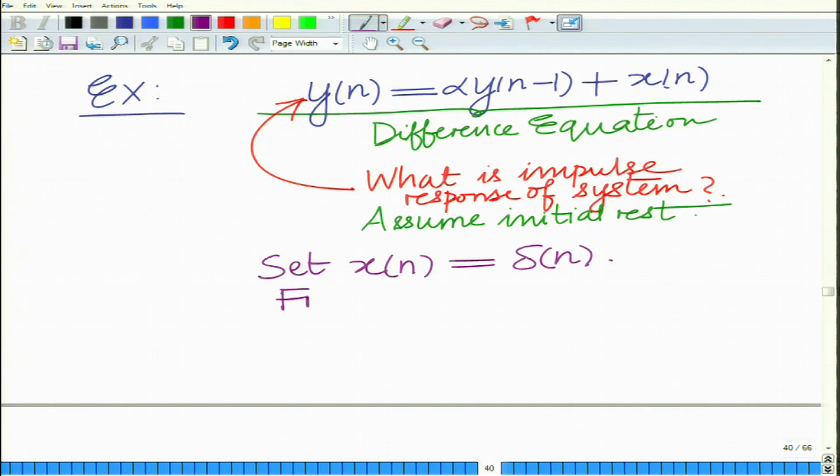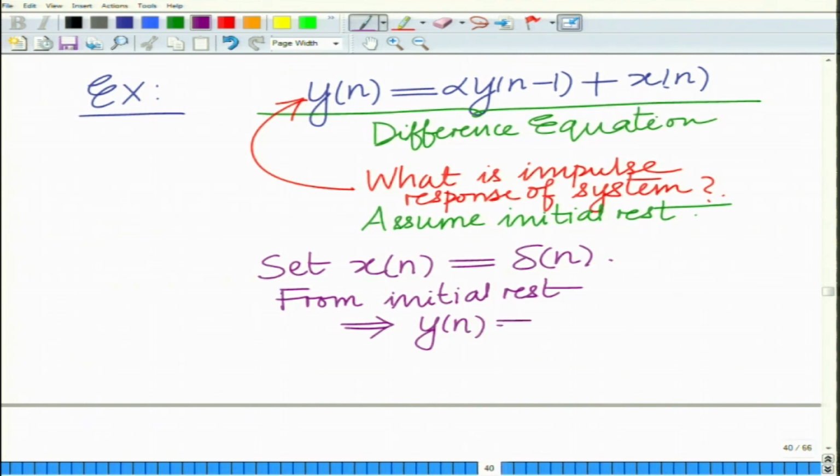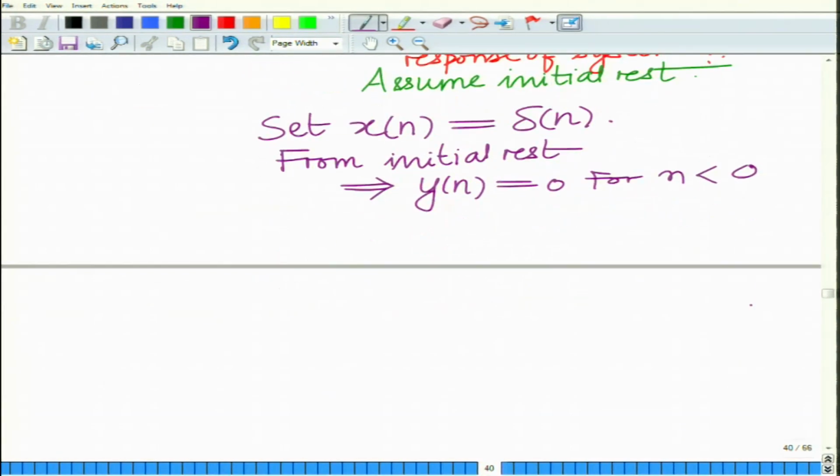From initial rest, this implies y of n equal to 0 for n less than 0, since the input is 0 for n less than 0, and therefore, now set x of n equal to delta of n, which means x of 0 equals delta of 0 equals 1.